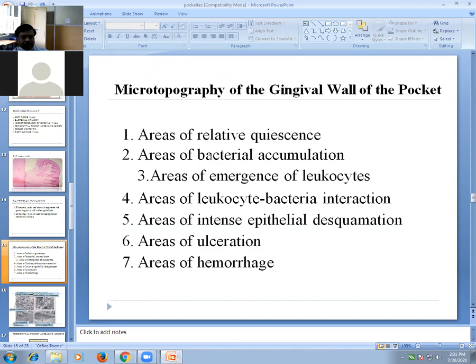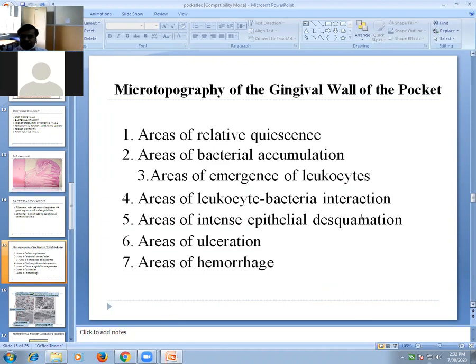Once the bacteria start accumulating on the epithelial surface, your body will respond to that. Leukocytes will come out from the blood into the site of the microorganisms, so that area is called the area of emergence of leukocytes. Then microorganisms are there and leukocytes are there.